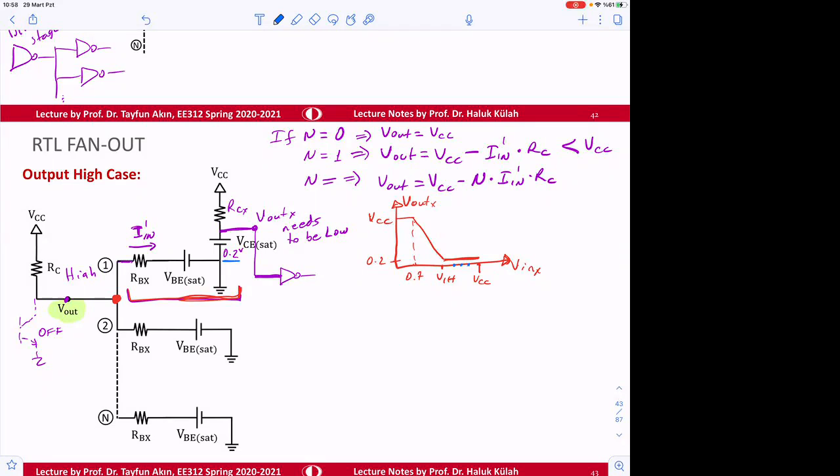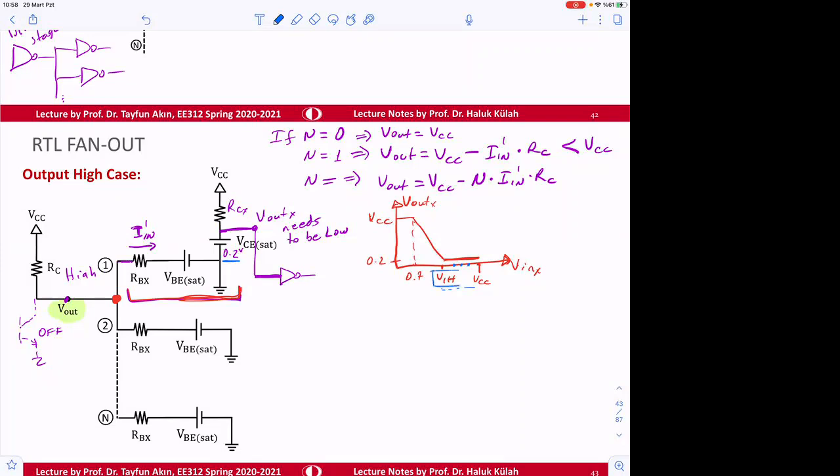All right, okay. What is the minimum drop that we can tolerate here, so that the output is still going to be 0.2 volt? How small can we allow this? V input high. Great.